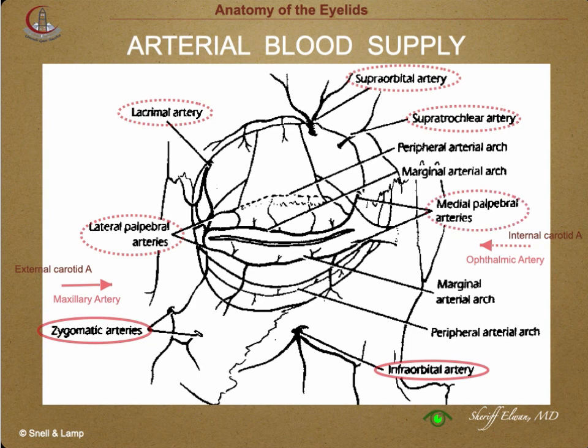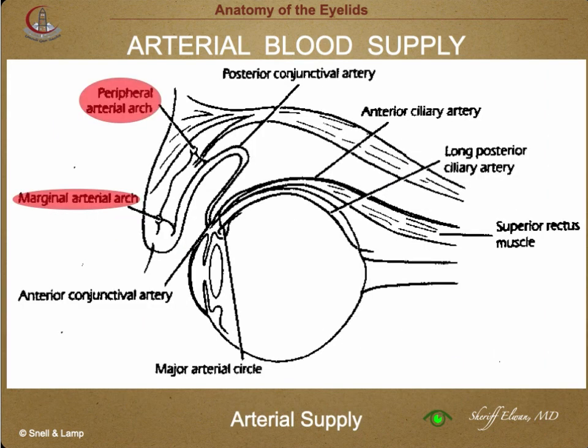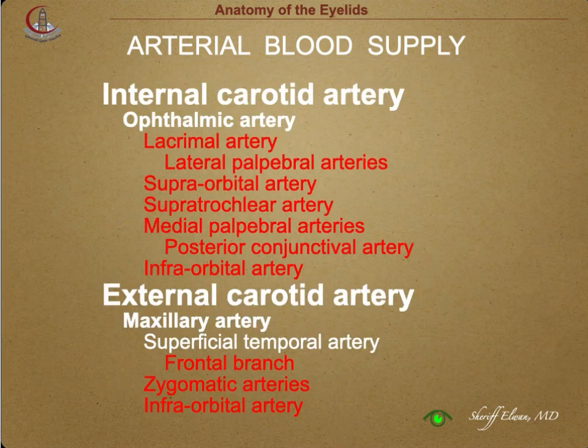All these are freely anastomosed together to give the marginal arterial arcades at the lid margin and the peripheral arterial arcades. The blood supply here is copious and freely anastomosing. In addition, the posterior conjunctival artery that is coming from the medial palpebral artery from the ophthalmic shares in the formation of the peripheral arterial arcade.